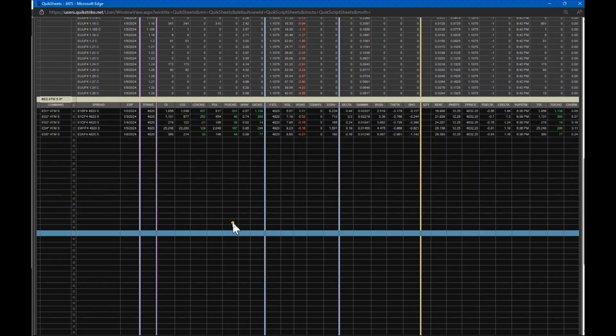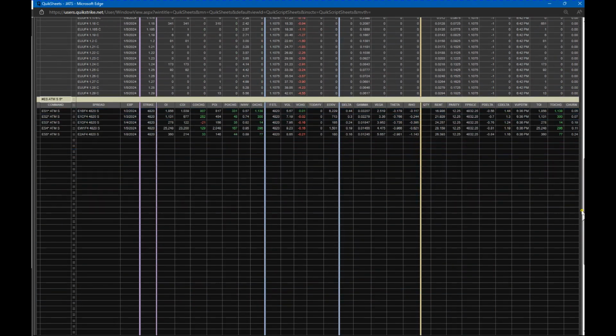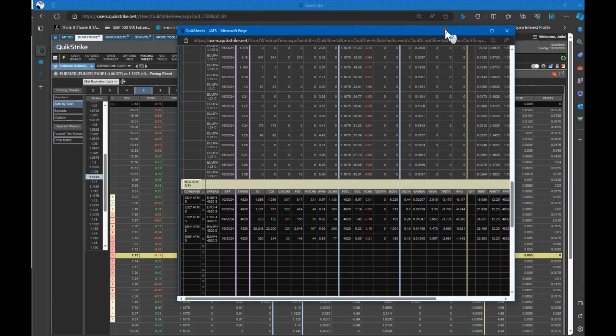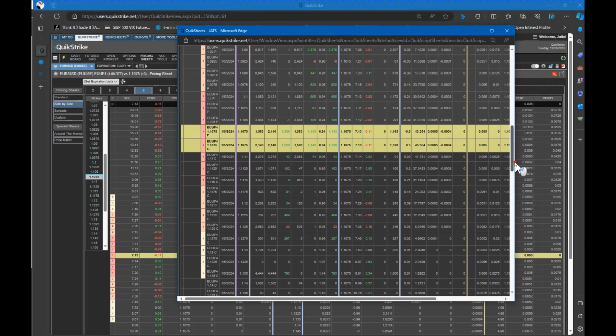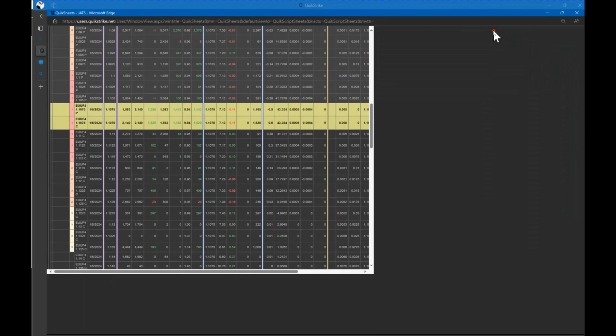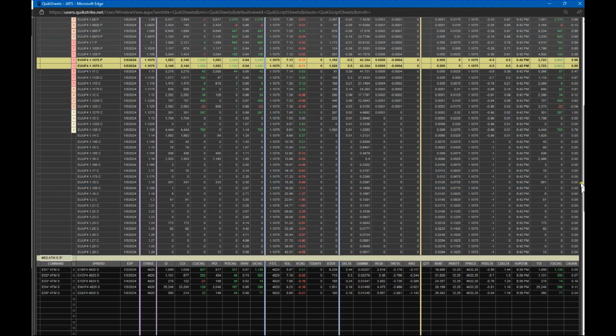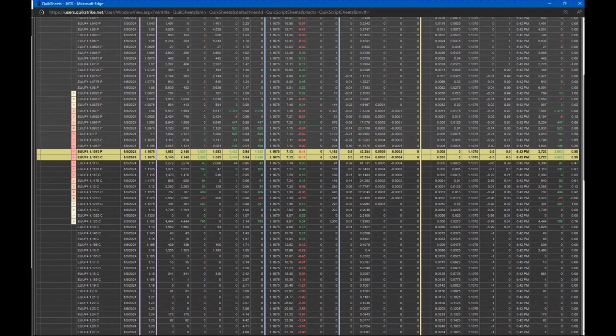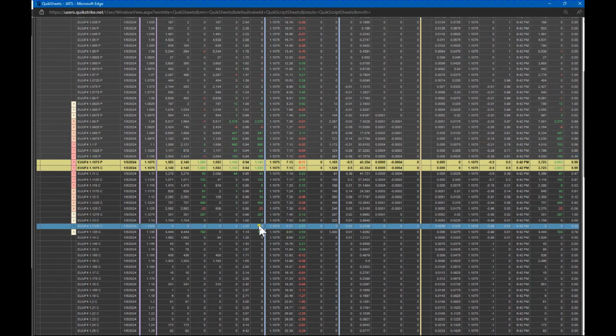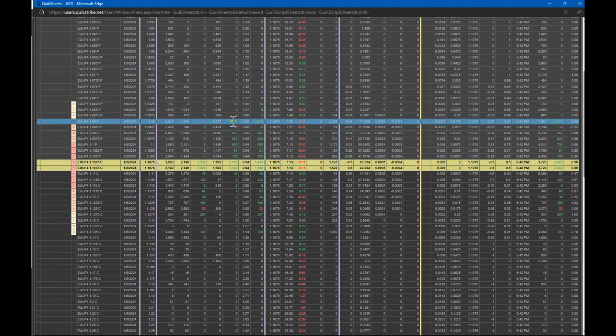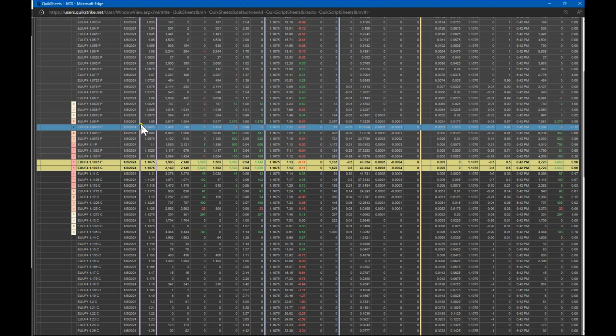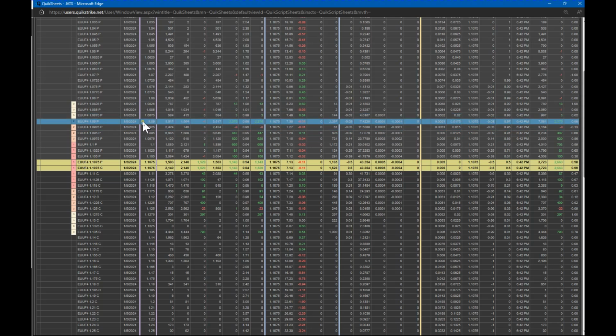I'm trying to grab this to pull it back up here. Hang on a second. Here we go. So we can see our high puts are at 109, exactly where I put the line.